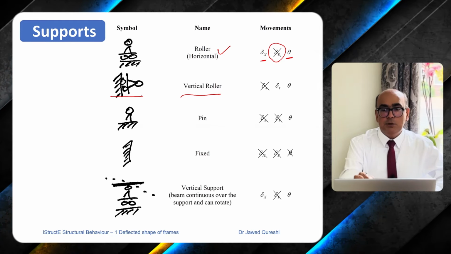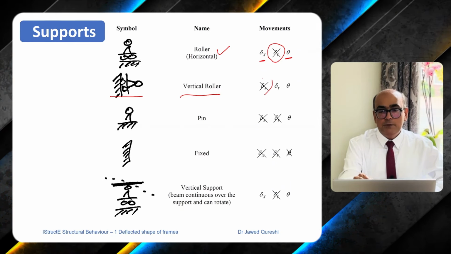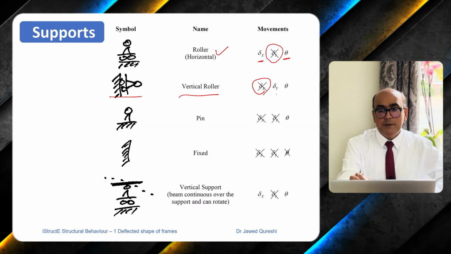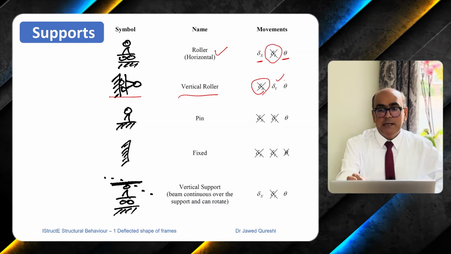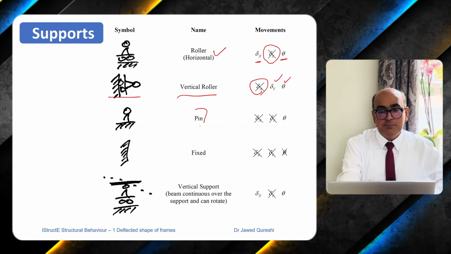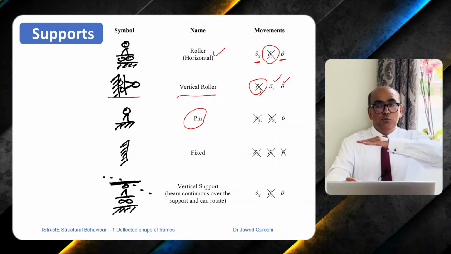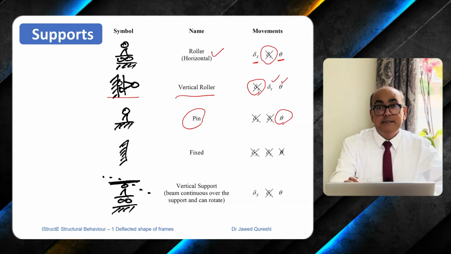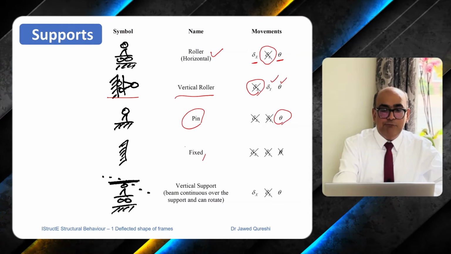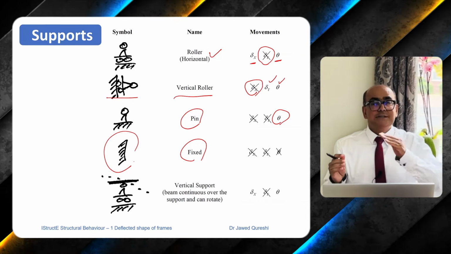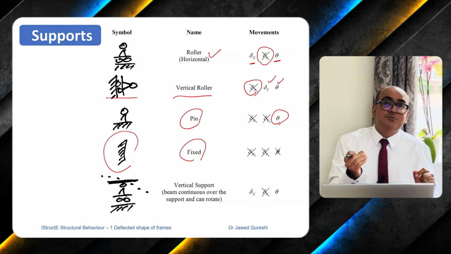A vertical roller, it cannot move in X direction, but it can move in Y direction, and it can rotate as well. A pin support, on the other hand, cannot move in horizontal and vertical direction, but it can rotate. A fully fixed support, on the other hand, cannot move in horizontal and vertical direction, and it cannot rotate as well.